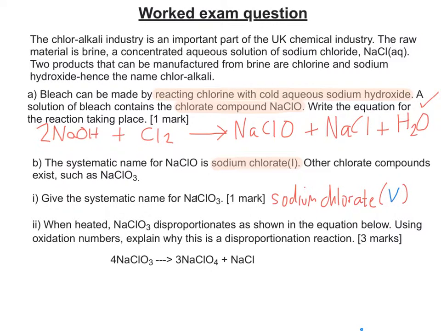So let's have a look at the chlorine. First of all, we know that it's +5 in NaClO3 because we worked that out in the previous section of the question.